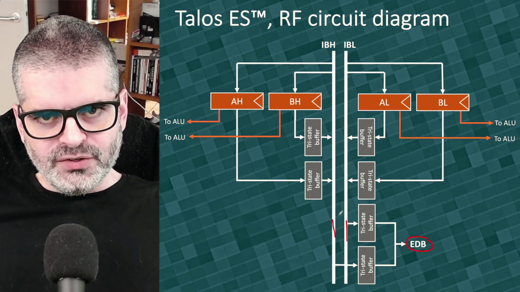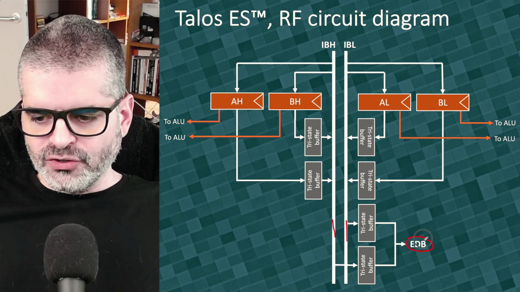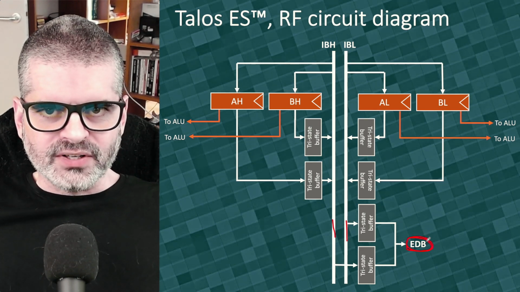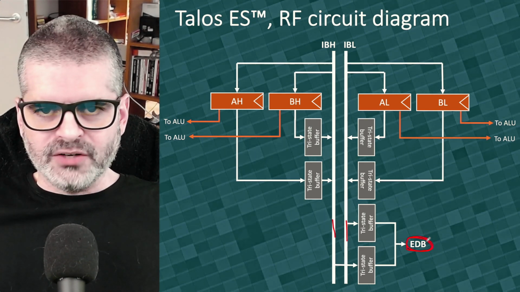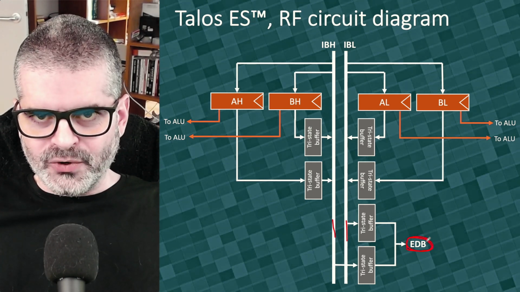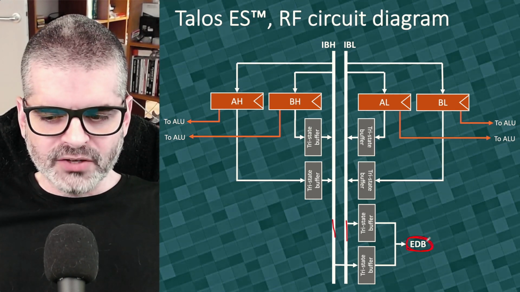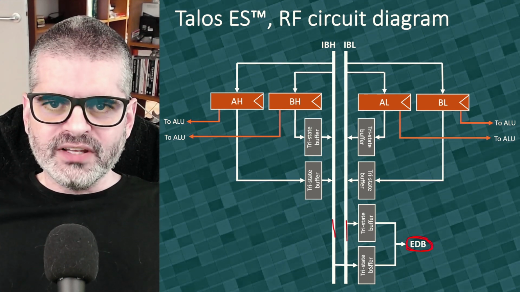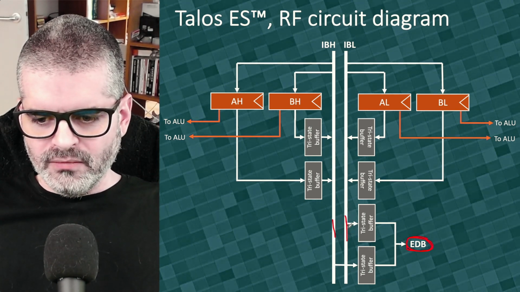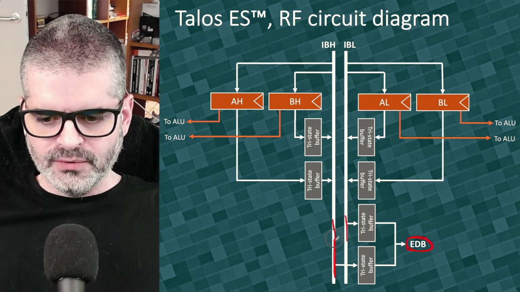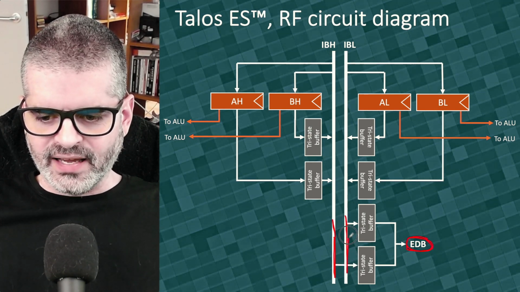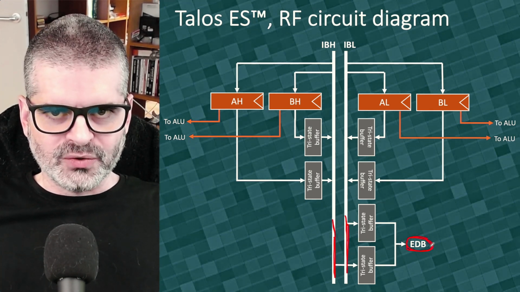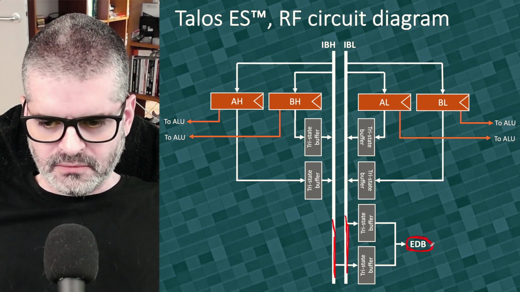So the internal bus is visible only to the CPU, and the external data bus, which is 8 bits, will be visible to other system components, like it will be the bus connected to the output of the system memory, for instance. Also a bus that probably will be used for I/O, input-output. And then we need 2 tri-state buffers, one connected to the low byte and the other one connected to the high byte, so we can select whether it's the contents of the high byte or the low byte that go to the external data bus, which is only 8 bits.